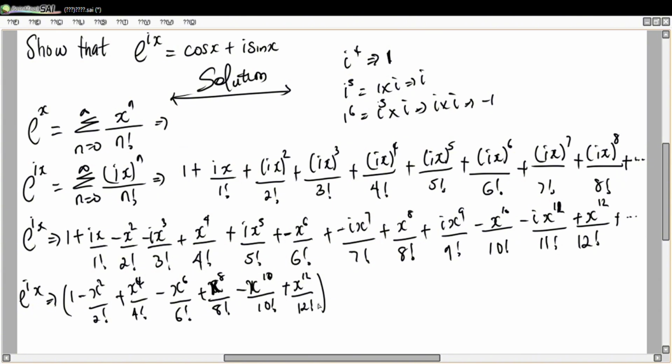Do not forget the real part also continues, plus dot dot dot.